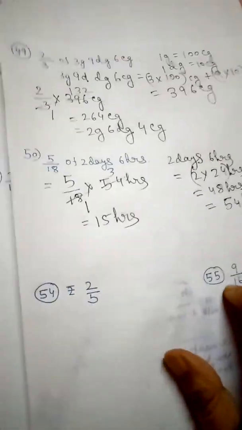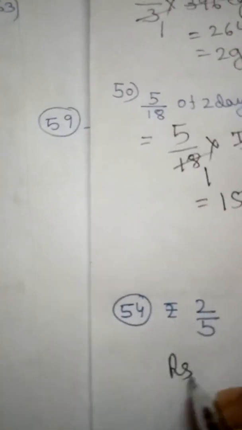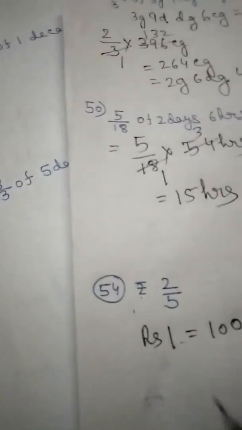Next, go to this one, rupees 2 by 5. How to solve this one? We know that rupees 1 equal to 100 pies. You can use this symbol also. Rupees 1 equal to 100 pies.